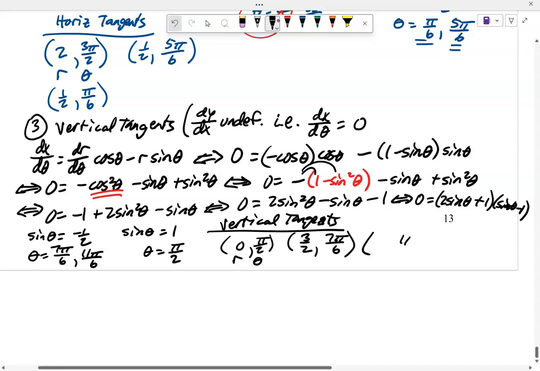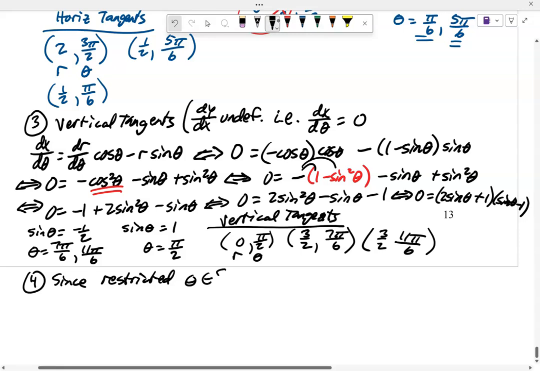And then for 11 pi 6, throw in theta, and you get 3 halves on that as well. Okay. Now, make a note. Since this was restricted, theta between negative pi fourths and pi fourths, all right?